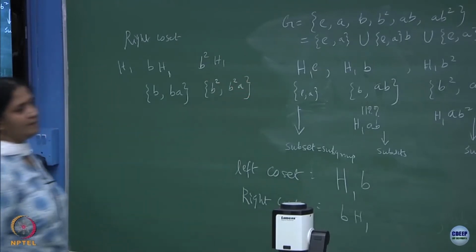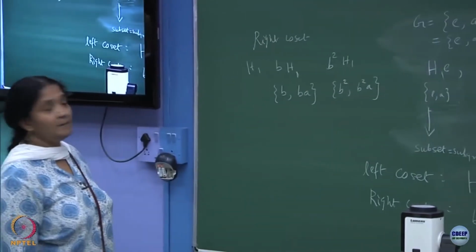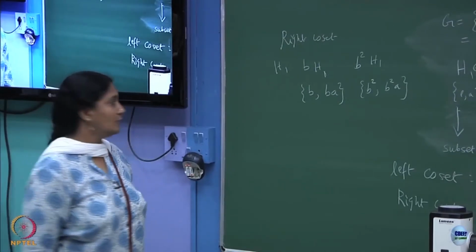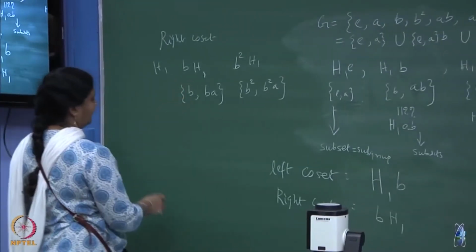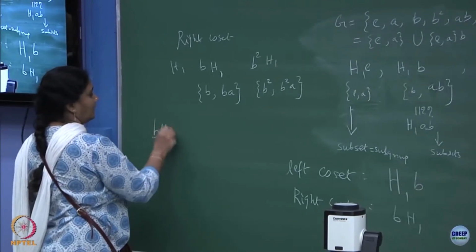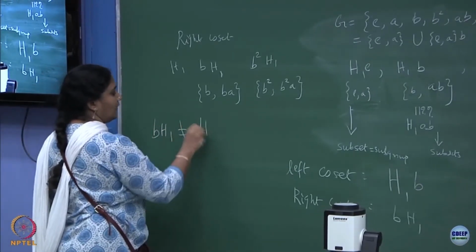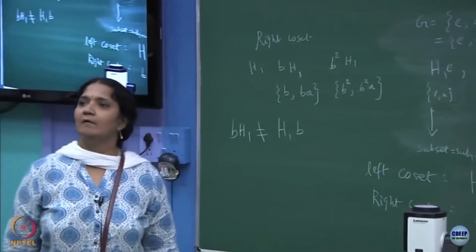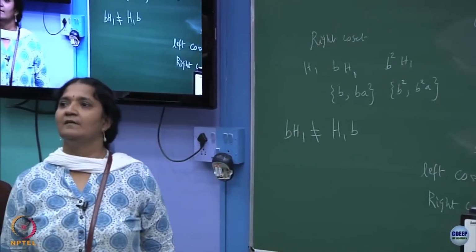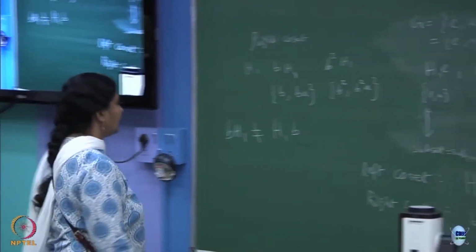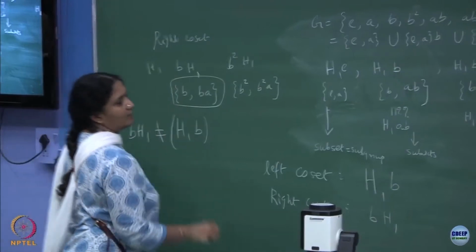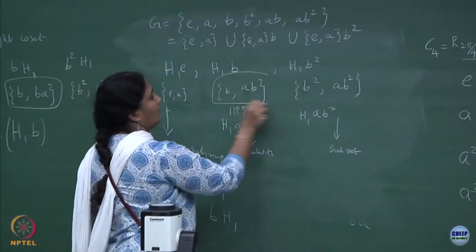What is BA? BA is AB squared, right. So, what do we see? That B times H1 is not equal to H1 times B. Left coset is not in general equal to right coset, is that right? This one and this one are not same.